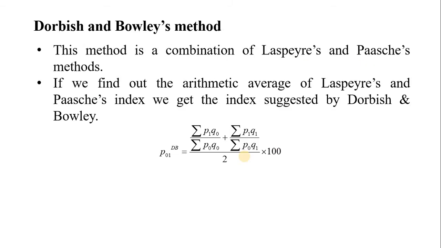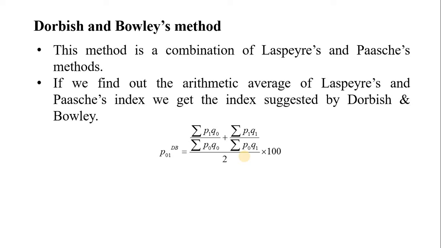Now, the third method is the Drobisch and Bowley method. Drobisch and Bowley are two different statisticians. Okay, what they have done is they combined the Laspeyres and Paasche methods. So they have not taken Q0 or Q1 as the weight.